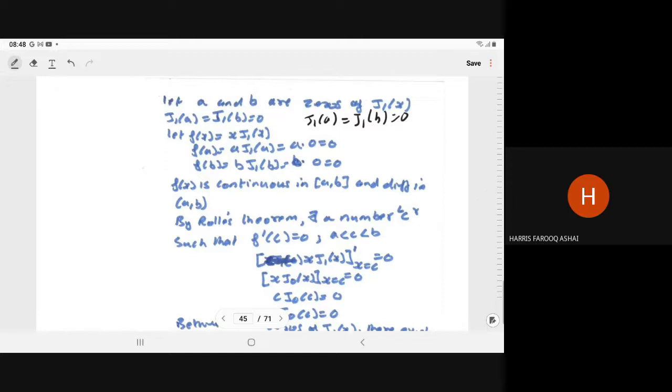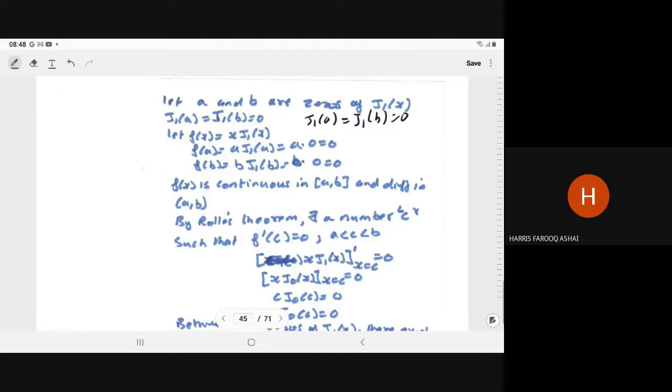Now define the function f(x) is equal to x into J1. So f(A) will become A into J1 A, and J1 A is 0, so f(A) is equal to 0. Similarly, f(B) will become B into J1 B, which is 0.